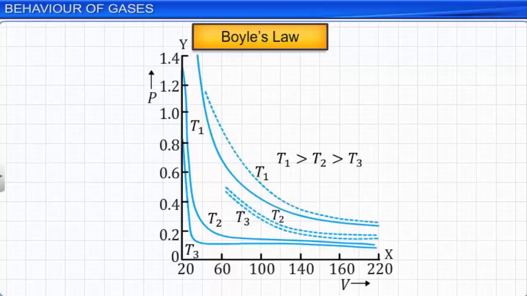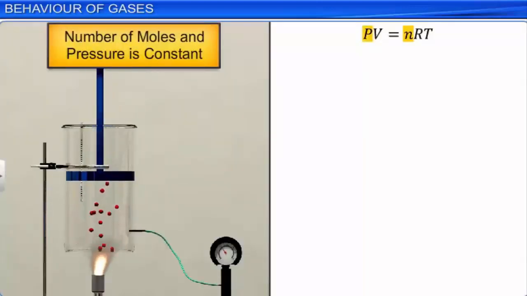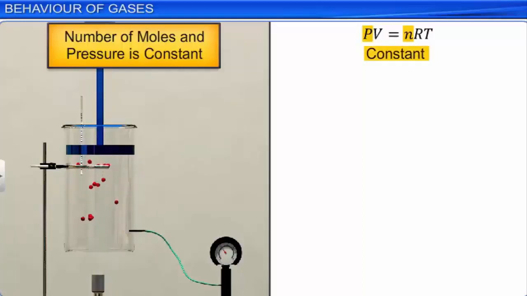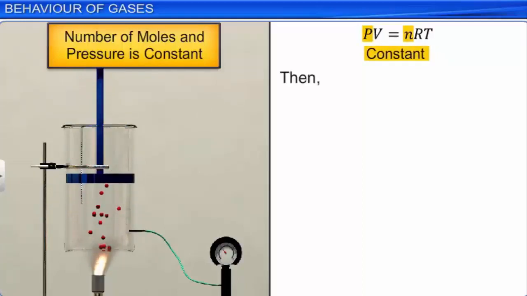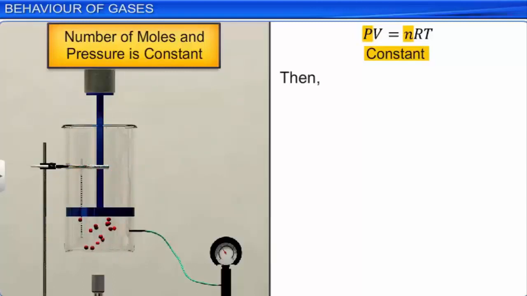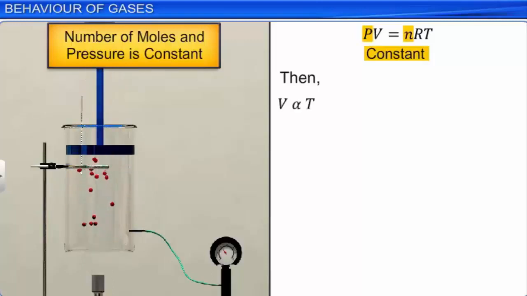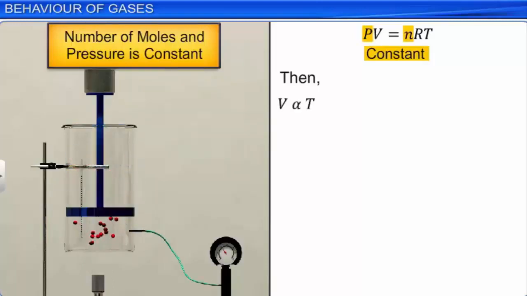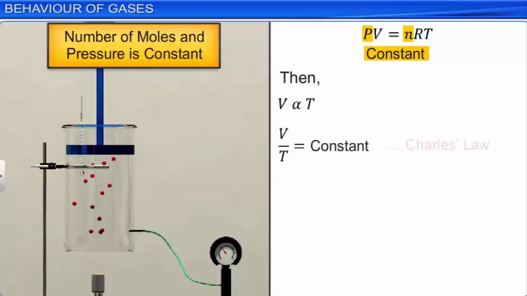If the number of moles and pressure of a given gas are kept constant, then the ideal gas equation can be modified as volume of a gas is directly proportional to its absolute temperature. That is, V is proportional to T, and V divided by T is constant. This is called Charles' law.